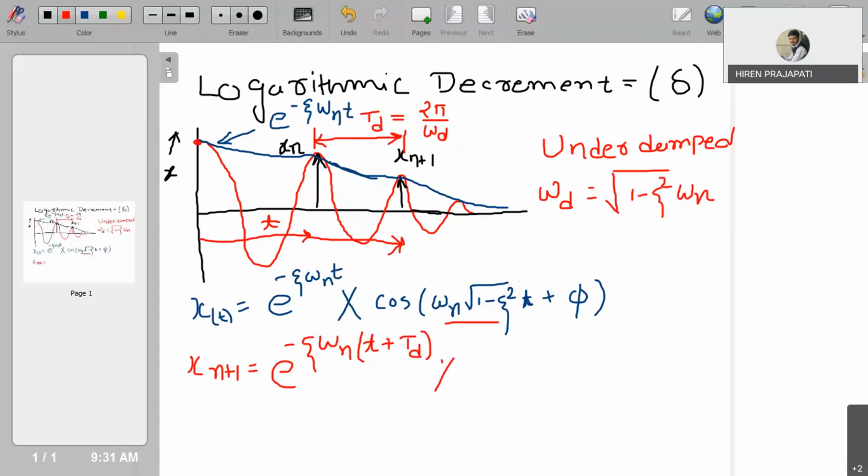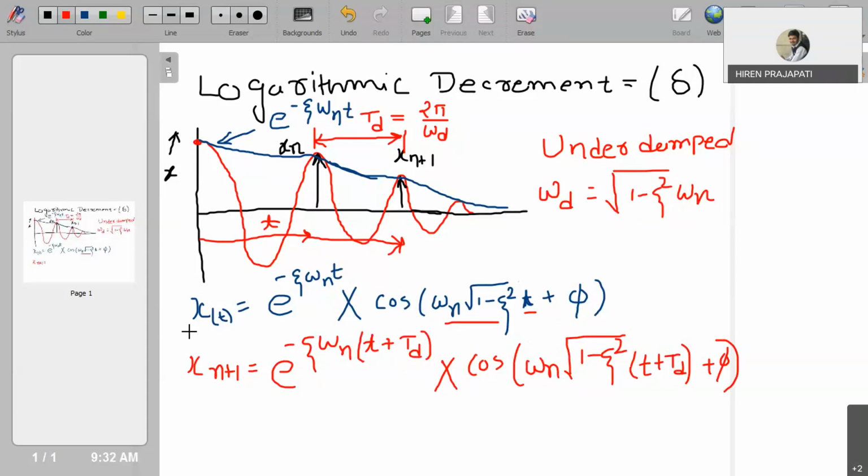X is as it is, and in cos, instead of t I also write t plus Td. So cos of omega n square root of 1 minus zeta square, and instead of t we write t plus the time period Td, and plus phi, right?